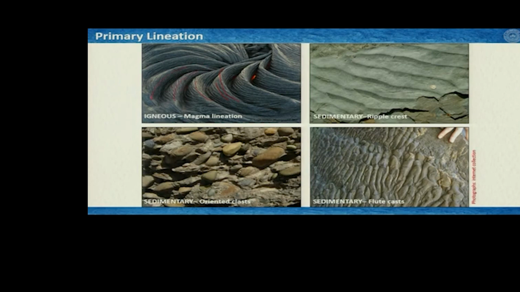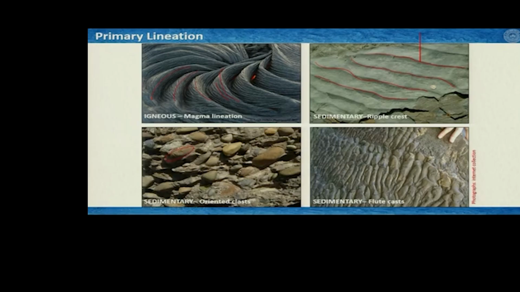Then in sedimentary rocks there are a series of different lineations which are of primary origin. Say these are the ripple marks. The crests of the ripples you can consider as a linear feature or a linear fabric. Then oriented clasts.